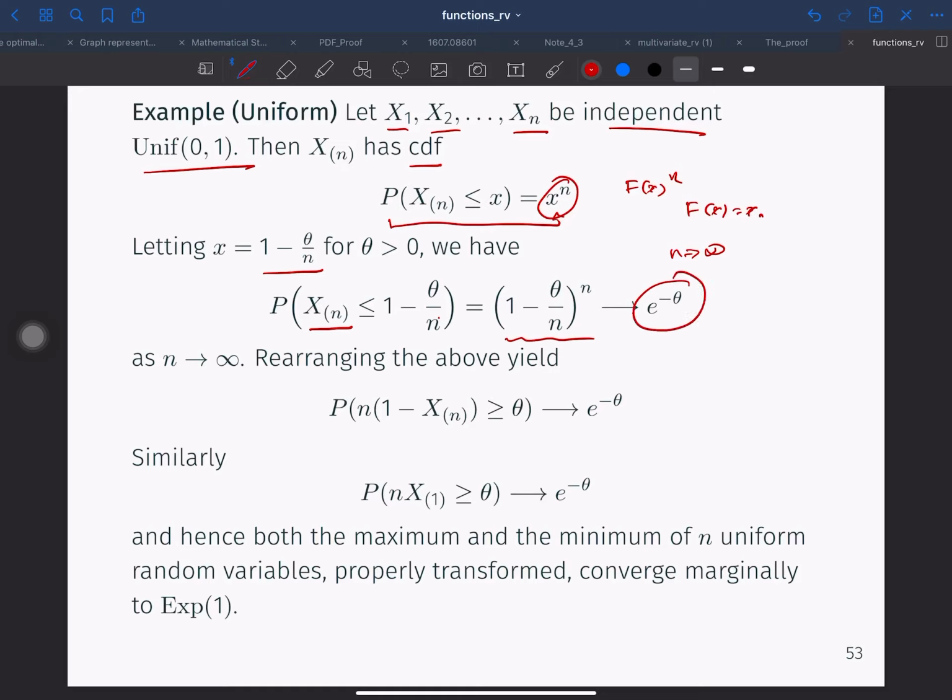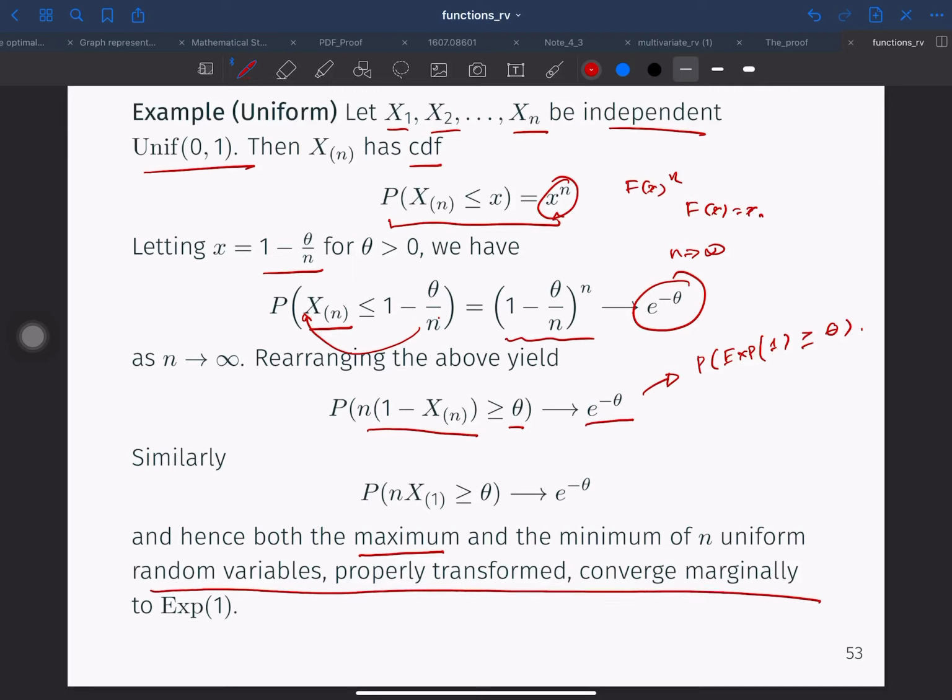So rearranging the above, move n here. We have the probability that n times 1 minus X_(n) is bigger than theta converges to e to the minus theta. And this is nothing more than the probability that the exponential 1 is bigger than or equal to theta. So in that case, the maximum, properly transformed, converges to exponential with rate parameter 1.